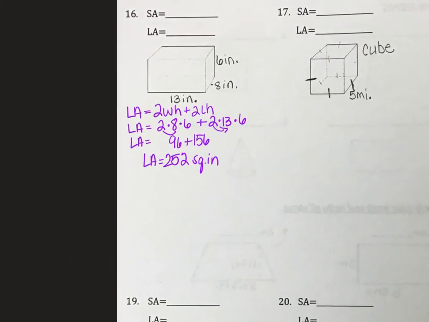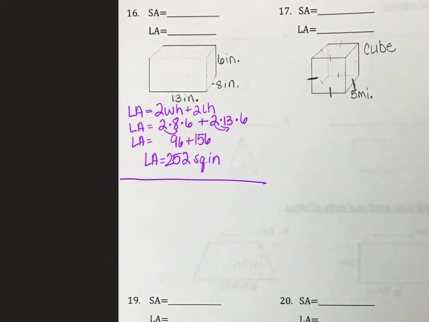I didn't quite leave a whole lot of room here, but I'm going to write the formula. Remember that surface area is the area of all the surfaces. Lateral area is just the lateral sides. It doesn't include the base. So technically, you've already found part of surface area when you find lateral area.